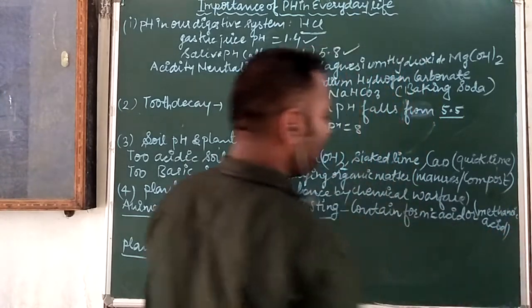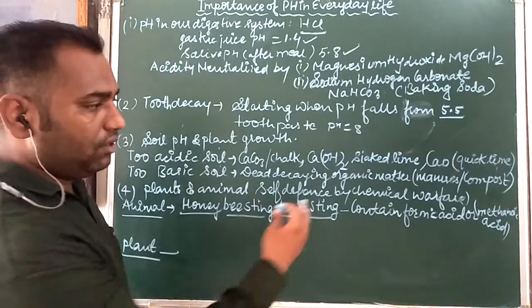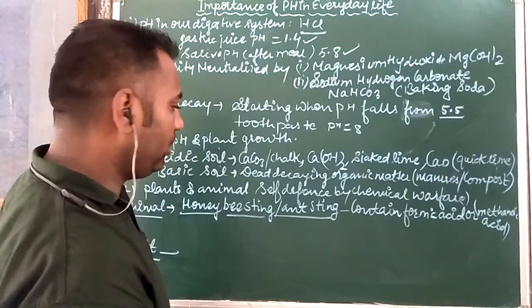It means both names are the same. And what is the remedy for this formic acid and methanoic acid?